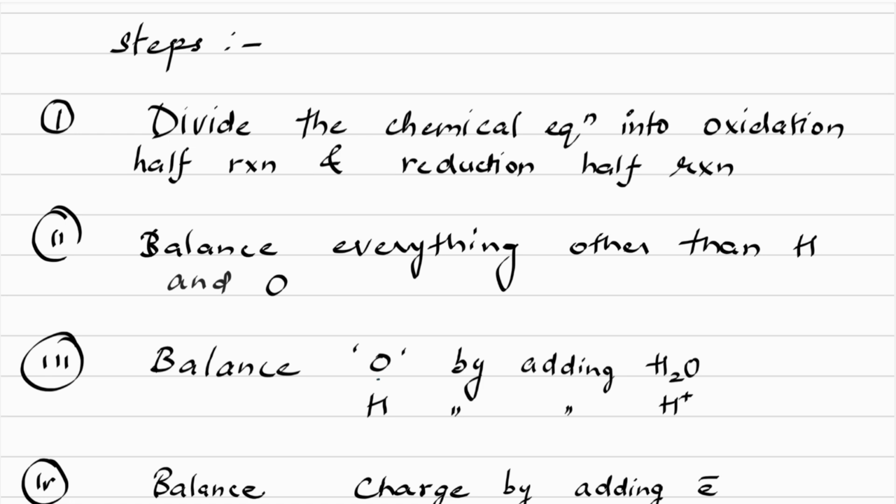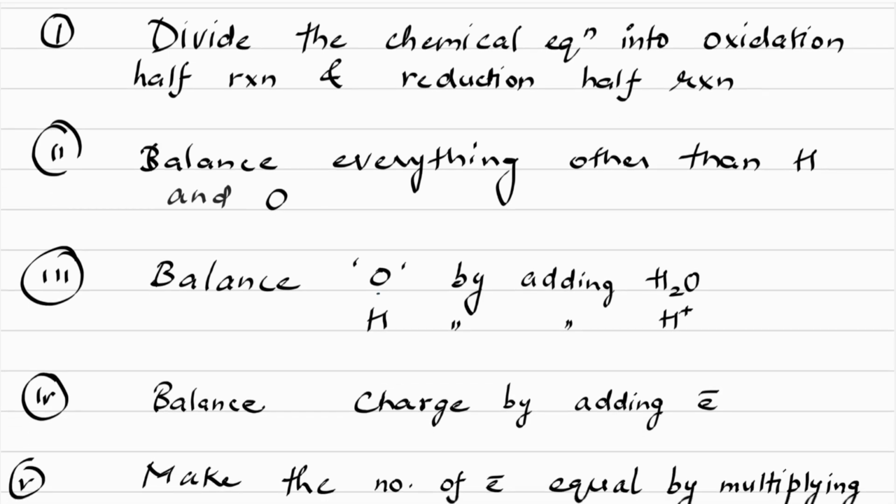Then, after you have divided the reaction into two halves, for each half reaction, you have to balance every atom other than oxygen and hydrogen. After balancing those atoms, you get to balancing the oxygen atoms. That you do by adding water. And hydrogen is balanced by adding H+ ions.